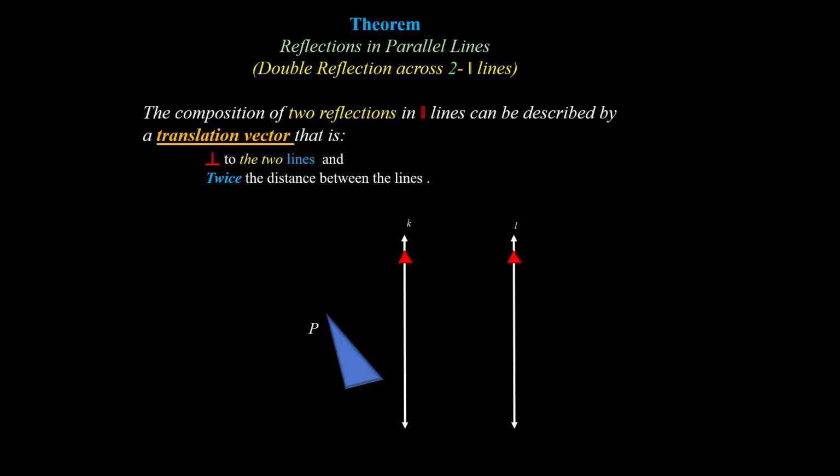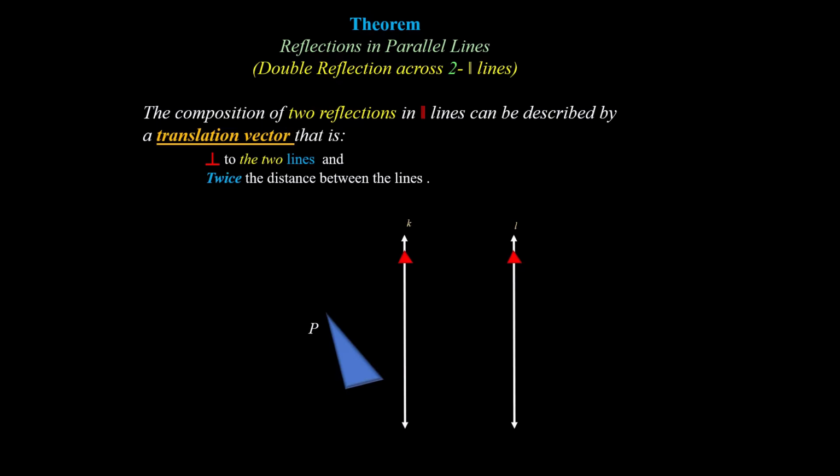So two reflections across parallel lines can be described by a translation vector. So two reflections basically results in a translation, kind of like the footprints that we talked about. If you reflect it two times, it's the same thing as a translation.